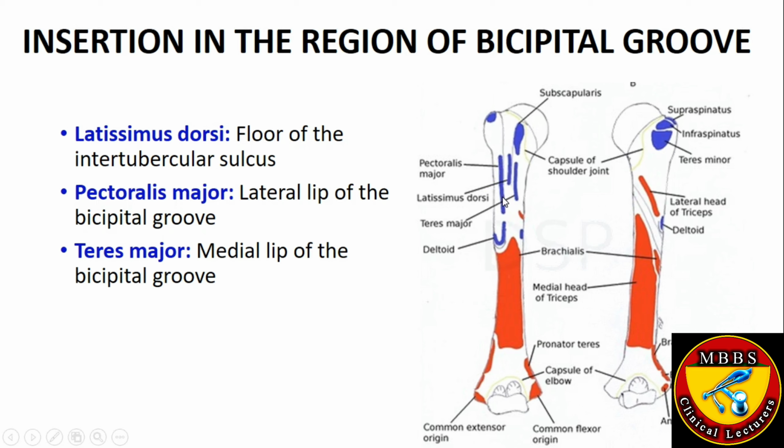The teres major, medial lip of the bicipital groove. So it is sometimes easy to remember, termed as a lati between two majors, because pectoralis major and teres major flank the latissimus dorsi.